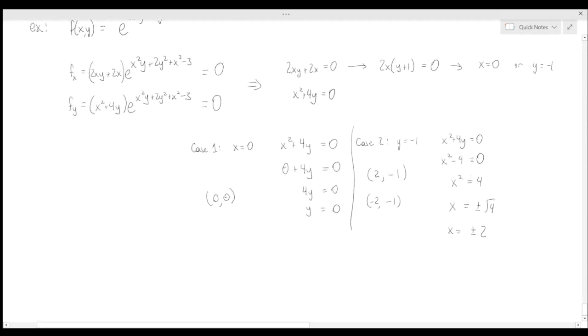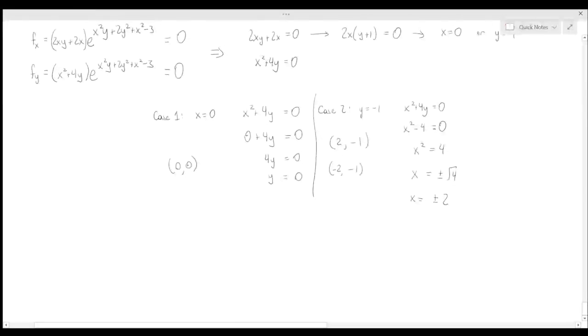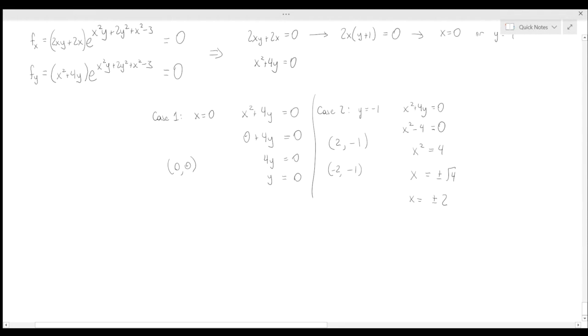All right, so now we'll need to test each of them to see if they're saddle, local min, or local max. And to do that, I now need to compute all of my second order partial derivatives, okay? That's going to be somewhat messy, but we can do it.